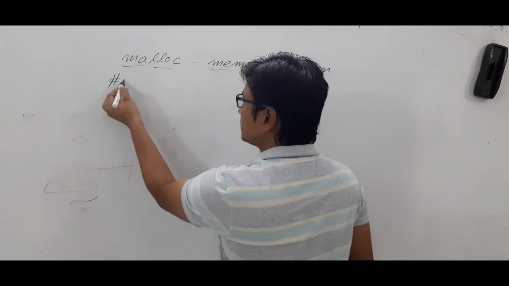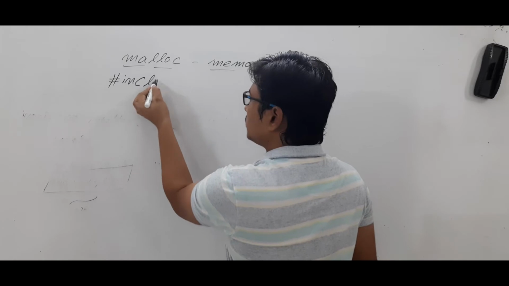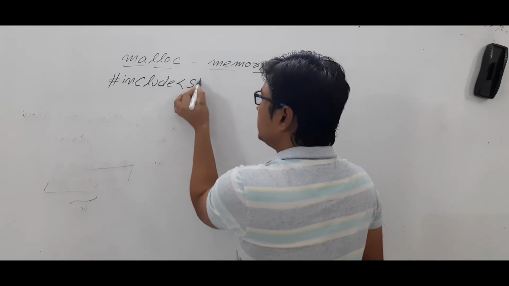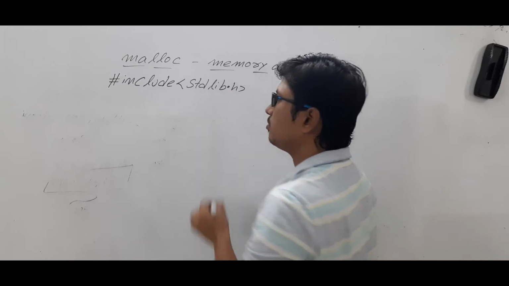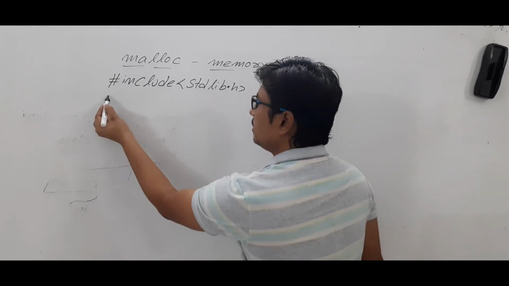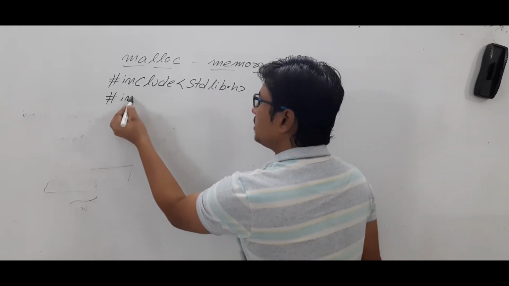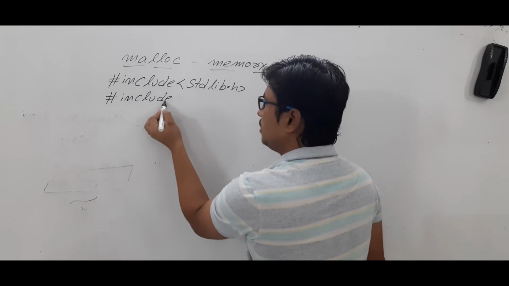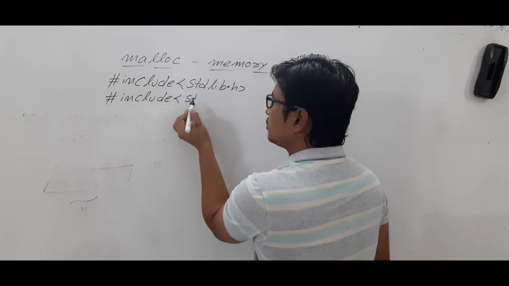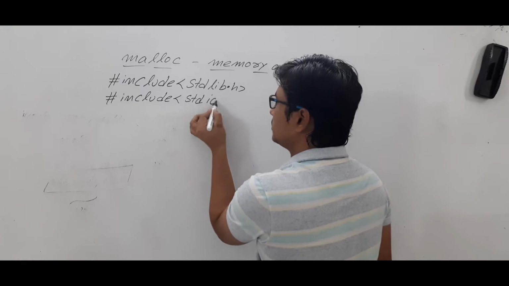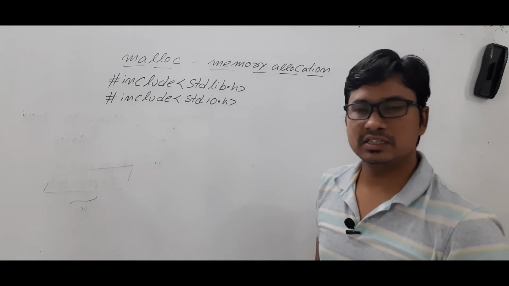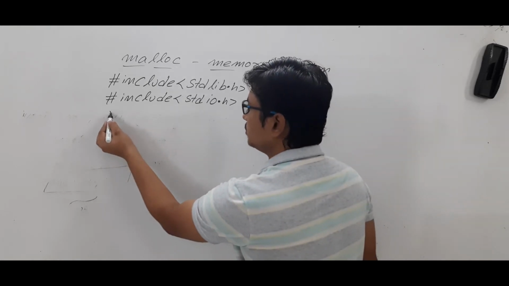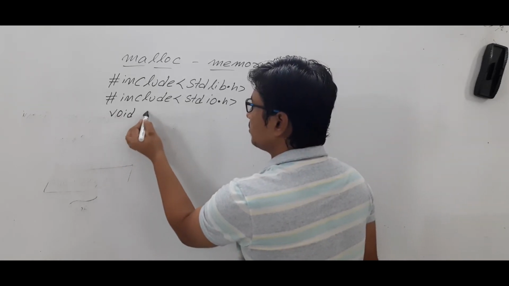Hash include stdlib.h to use malloc, and to use the printf and scanf functions, we will write stdio.h. When we use string.h, if you want to use any string handling functions, then only we will use the string.h header file.